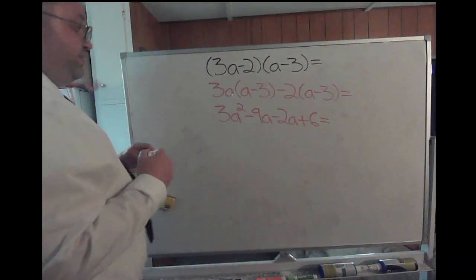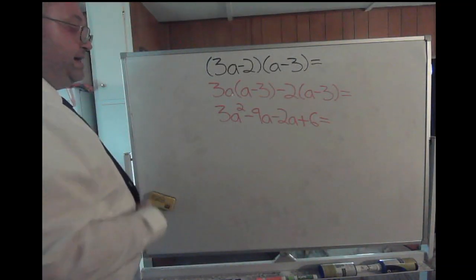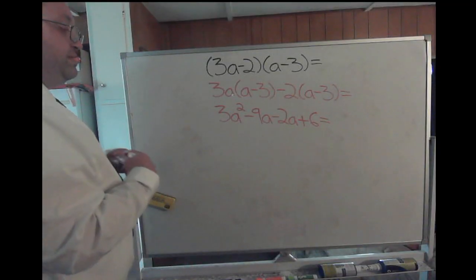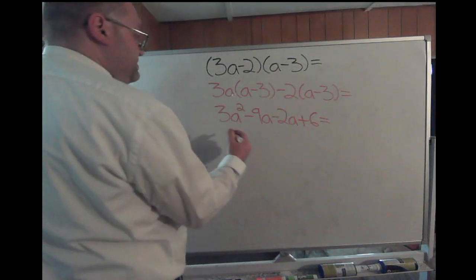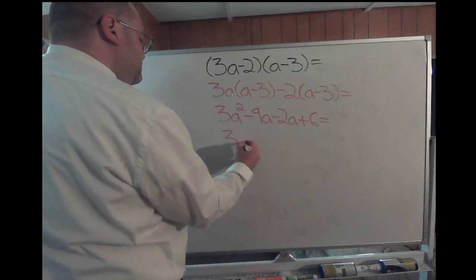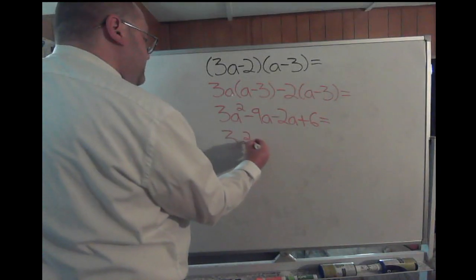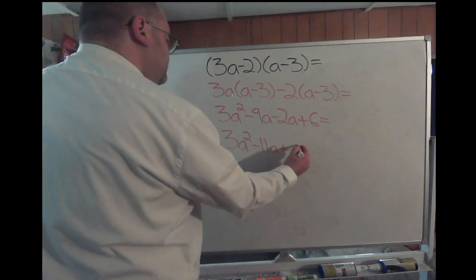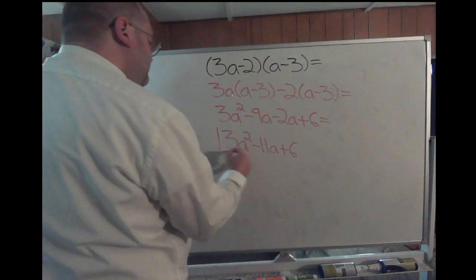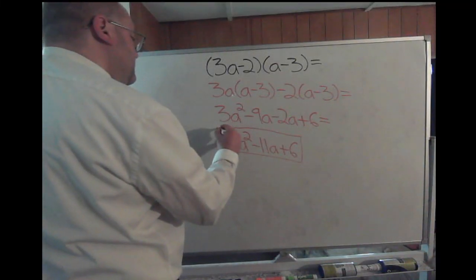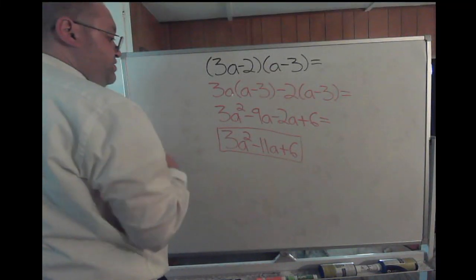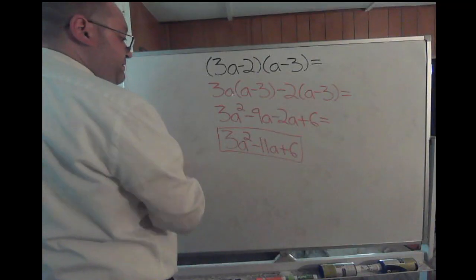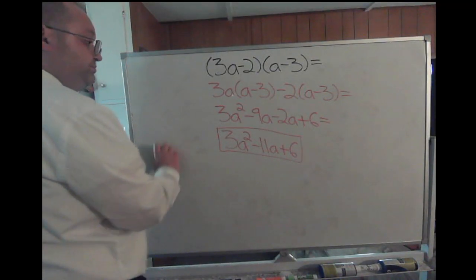So then you get 3a squared minus 9a minus 2a plus 6. You just simplify the negative 9a minus 2a, you'll get 3a squared minus 11a plus 6. That's the answer you should get, 3a squared minus 11a plus 6.